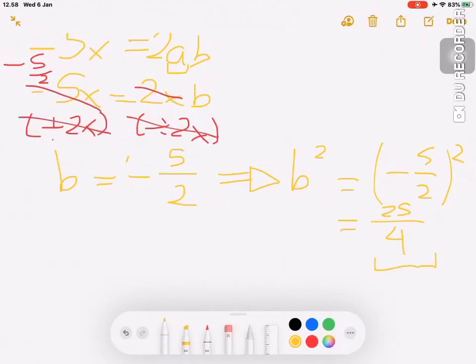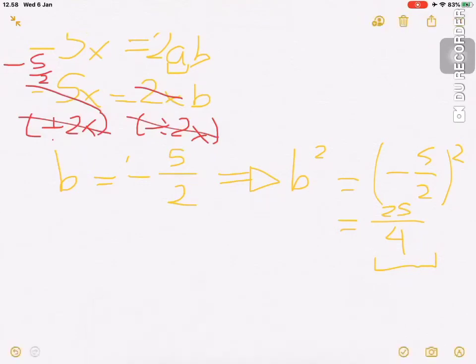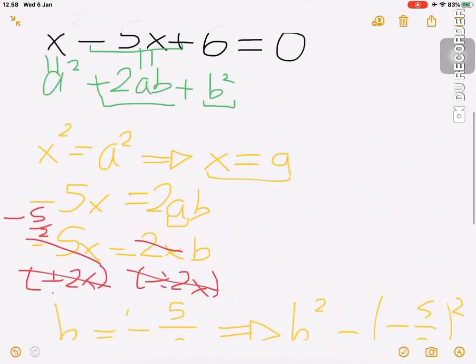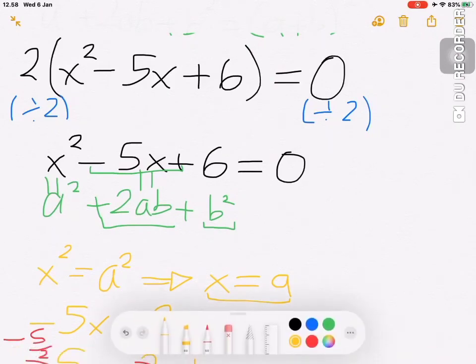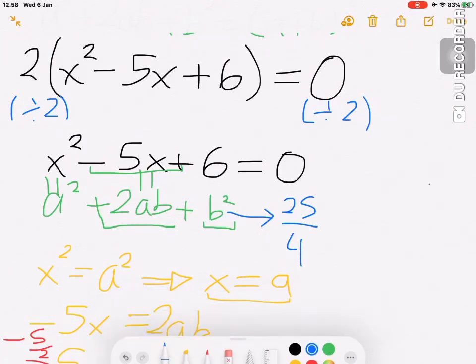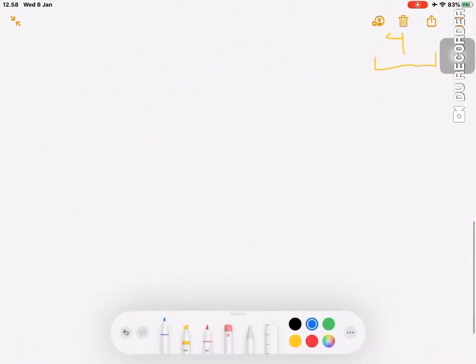And we can also get b squared, which is what our value is supposed to be. Squaring both sides right here, I will just rewrite this here, and then we can quickly get this as 25 over 4.